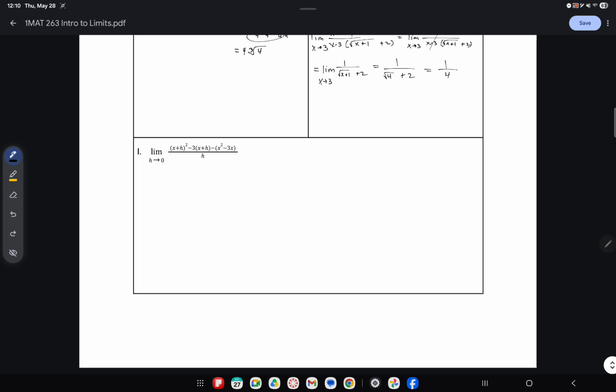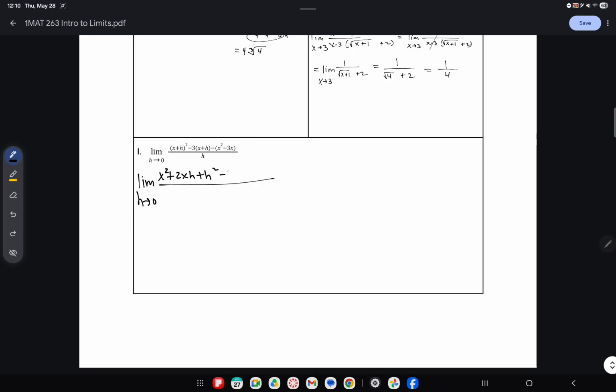Alrighty, then last one here. If I do a direct substitution, I have a denominator of 0. So I'm going to want to try and do some algebra here. Go ahead and square that out. So I have the limit as h approaches 0. It's going to give me x squared plus 2xh plus h squared.